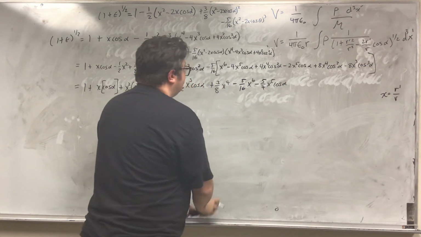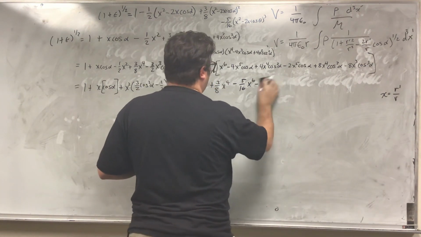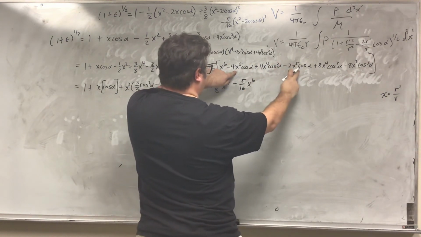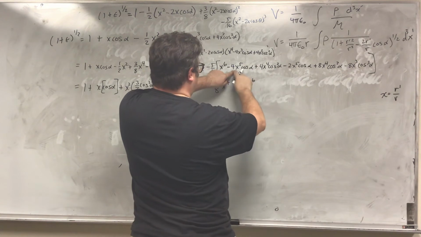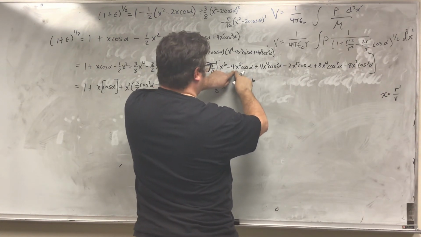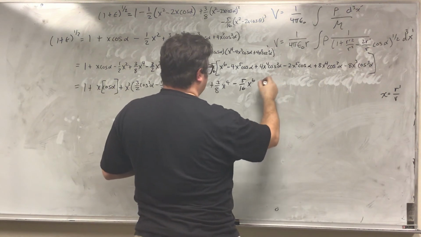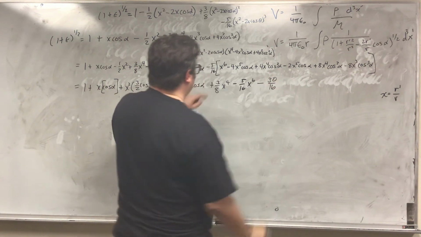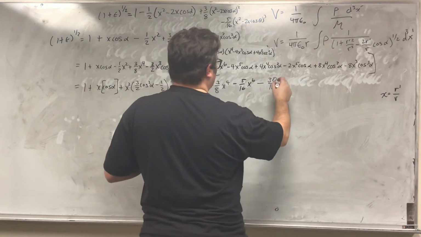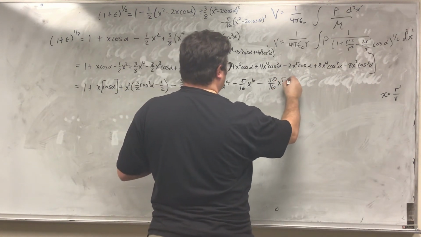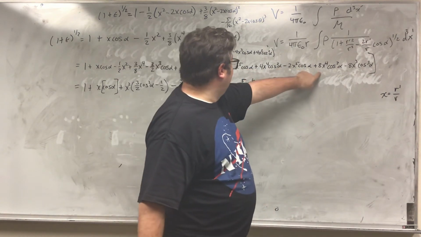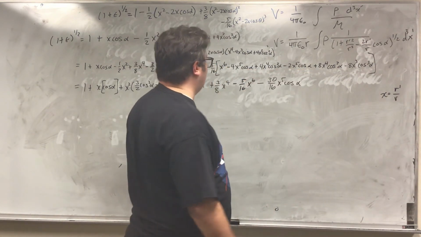Wait, sorry. I can clean this up some more because I have this term and this term. That's going to give me -6, right? So that's going to give me minus 30/16, right? 6 times 5. x to the fifth cosine alpha. This term and this term, I can add them together, I get 12.